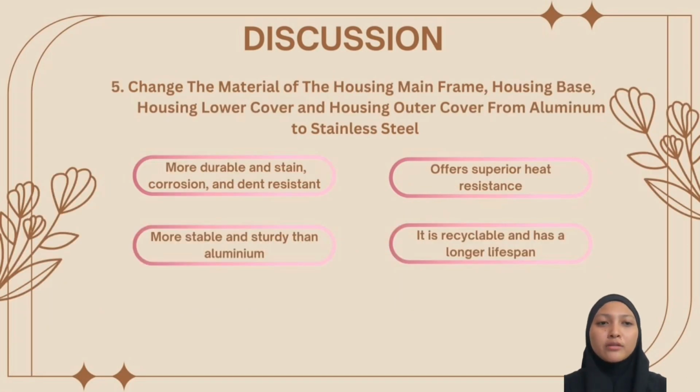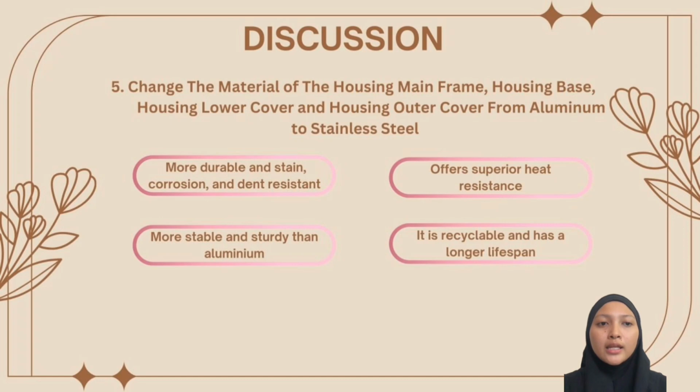Four. Change the material of the housing mainframe, housing base, housing lower cover, and housing outer cover from aluminium to stainless steel. We choose stainless steel because it's more durable and stain, corrosion and dent resistant.